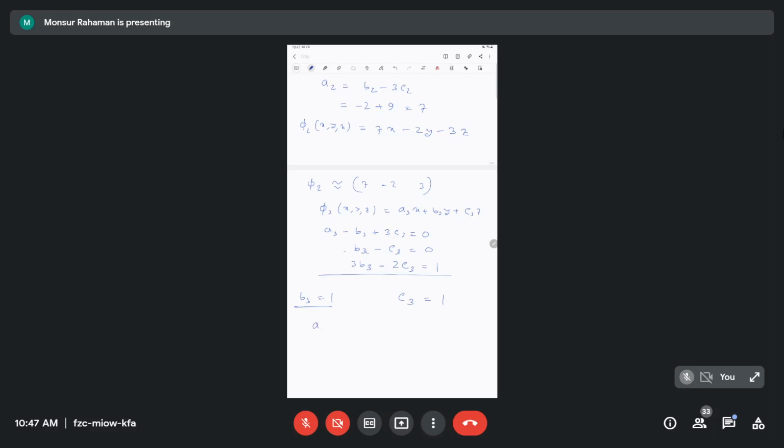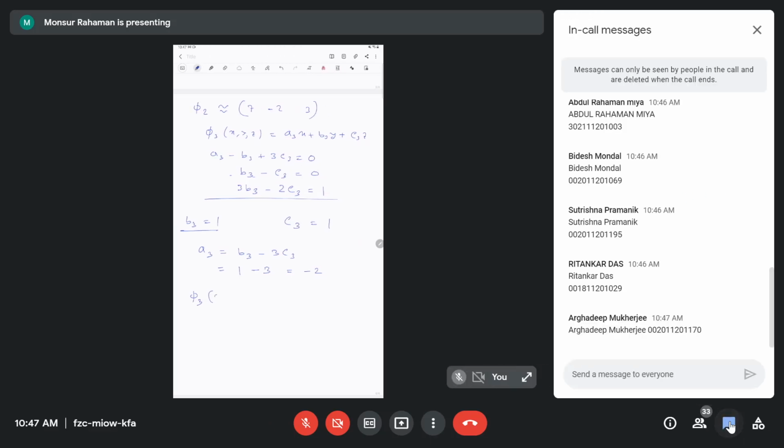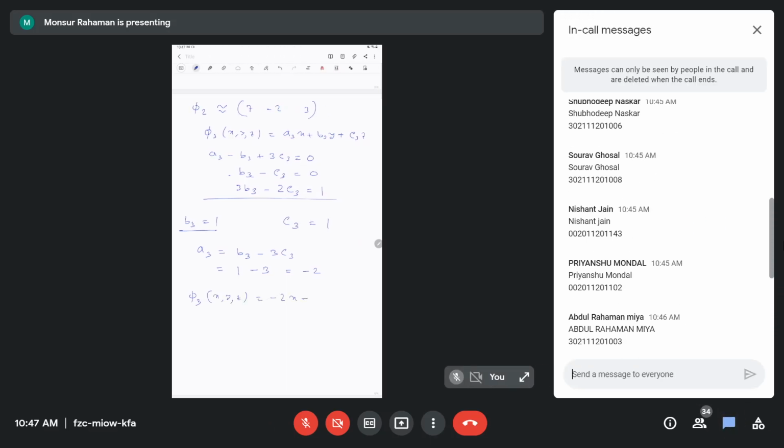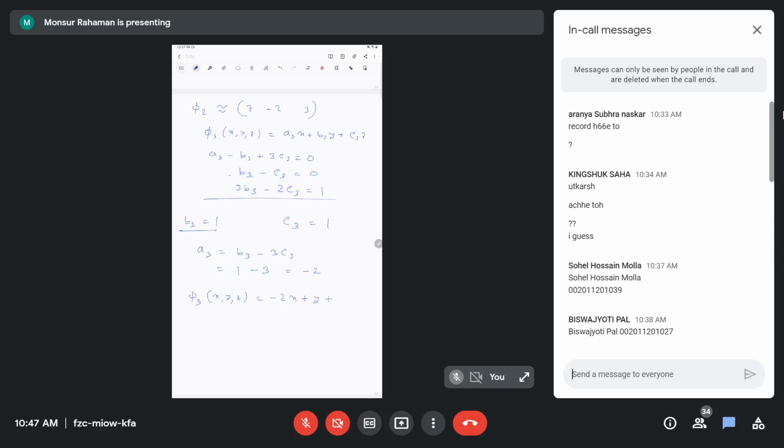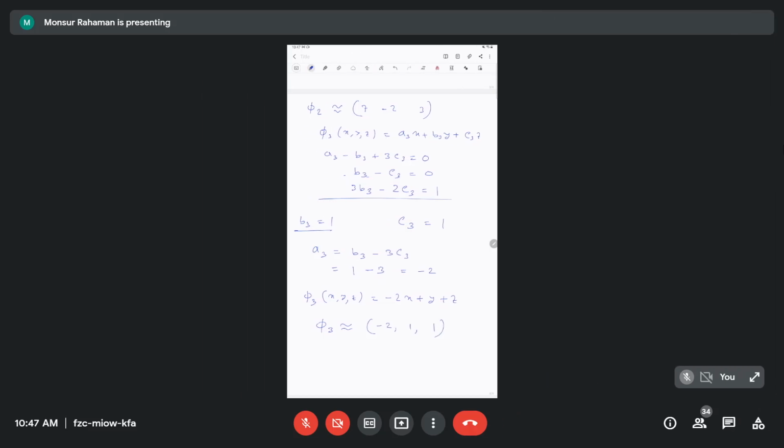So A3 is B3 minus 3C3. B3 is 1 and minus 3, which is minus 2. So phi 3 xyz is minus 2x plus y plus z. Phi 3 is minus 2, 1, 1. Okay.